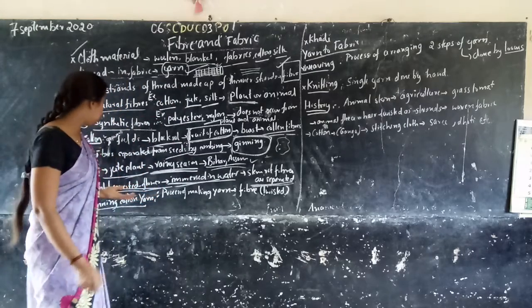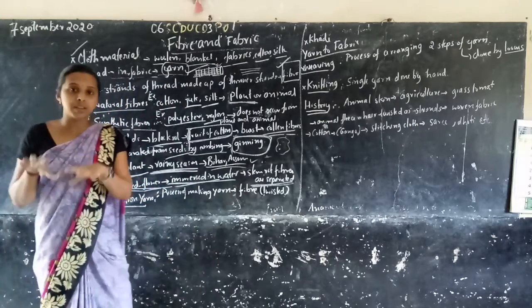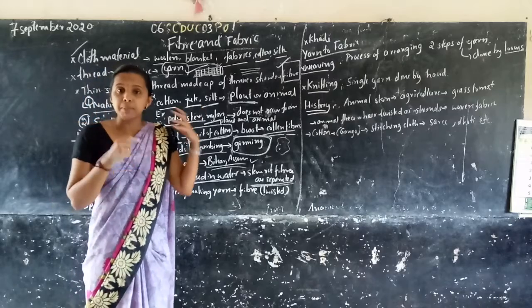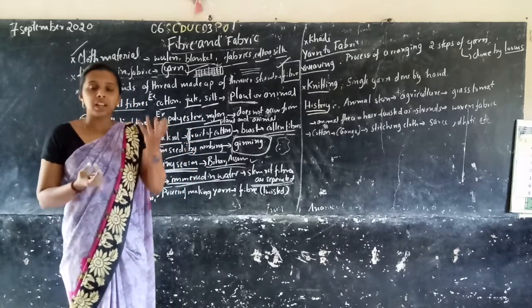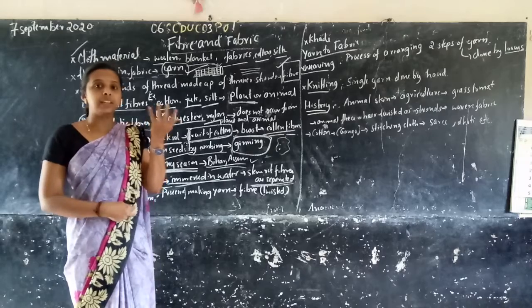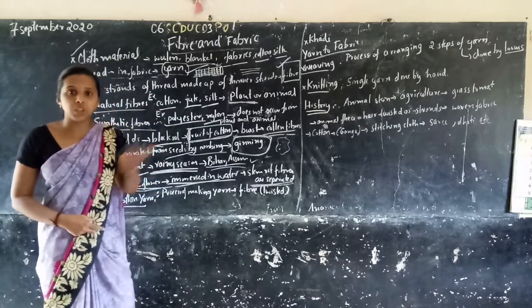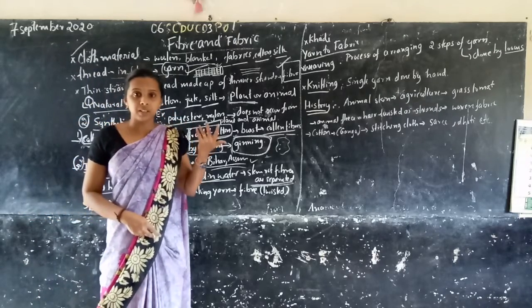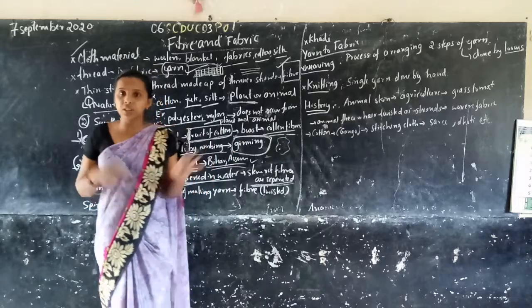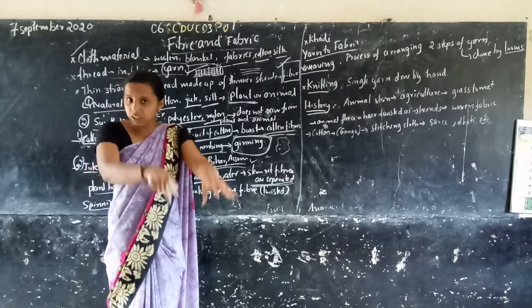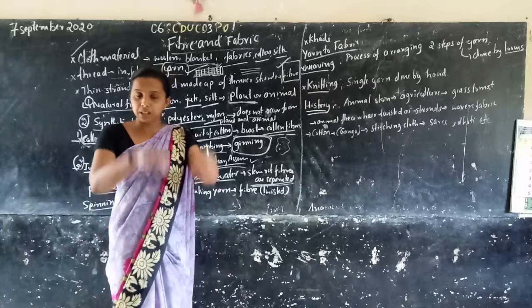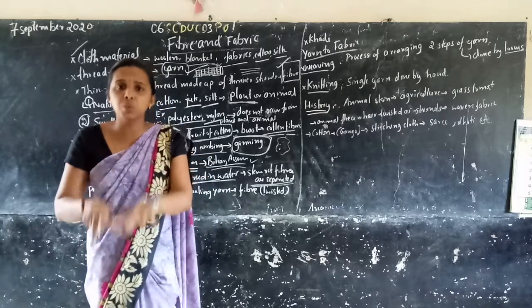The jute plant is grown in the rainy season in Bihar and Assam, North Indian places. When it has grown, the plant is harvested when the flower appears. The harvested plant is immersed in water, that means put in water.